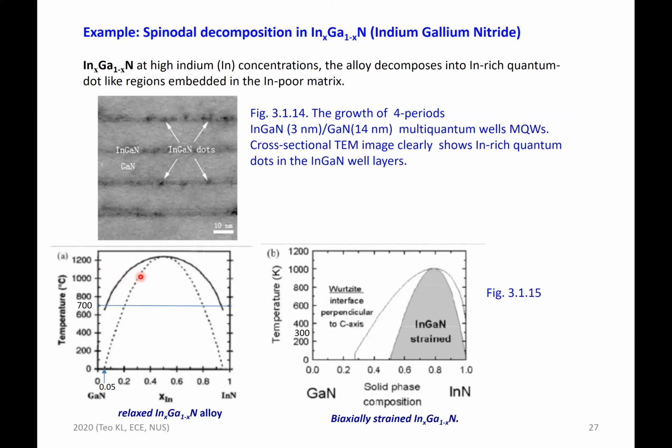Let's say I want to grow indium gallium nitride at 700 degrees Celsius. And I grow the indium at 0.05, which is 5% of indium, the composition X. Or I want to grow at 20% of indium, or 0.2, still at 700 degrees Celsius.